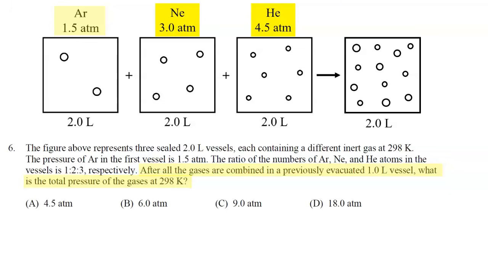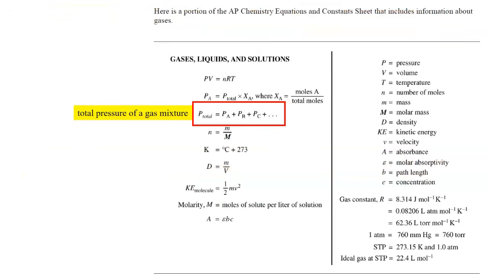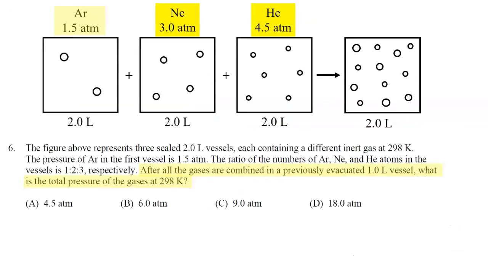Take a look on the equation sheet. You have a mixture of gases, and on the equation sheet, there is an equation for total pressure. It says the total pressure of a gas mixture is equal to the sum of the individual partial pressures of the gases in that mixture. So if I was combining 1.5 atmospheres of argon, 3.0 atmospheres of neon, and 4.5 atmospheres of helium in the exact same size container, so not changing the volume of the container at all, then I could simply add each of these partial pressures together.